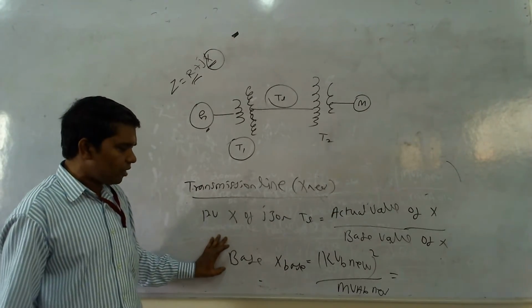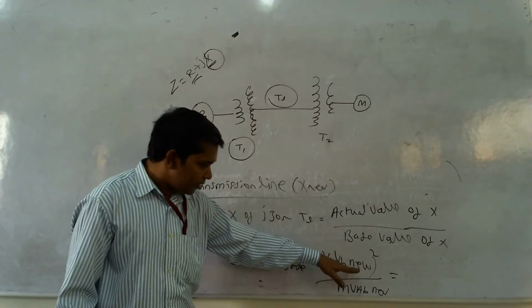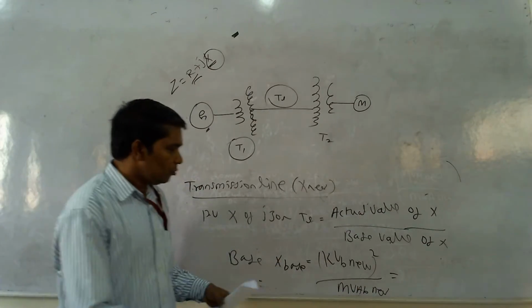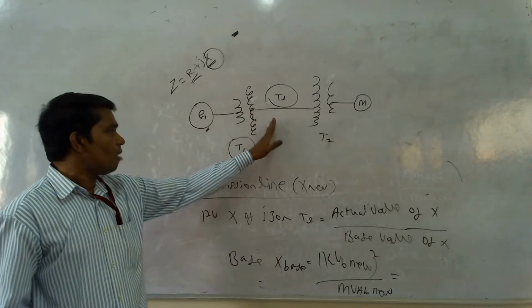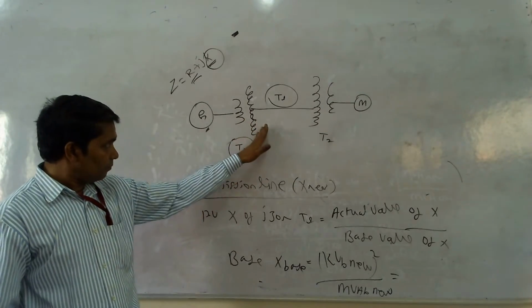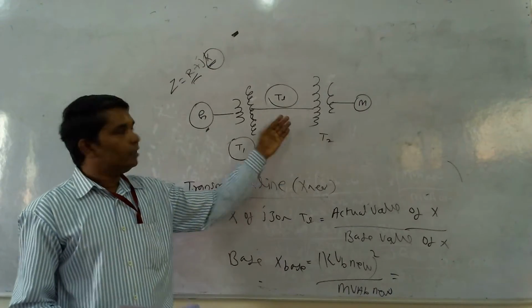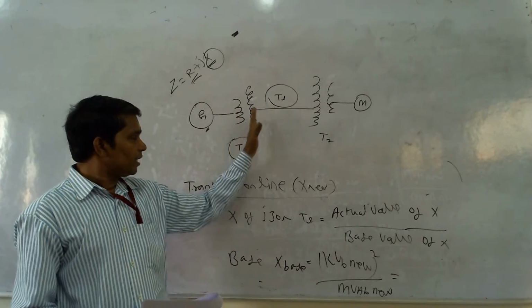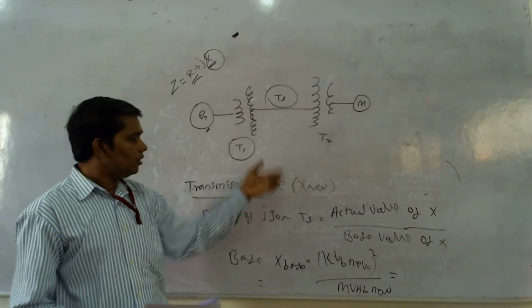For the base value calculation we need to use the ratio of kilovolt base new whole square by megavolt ampere base new value. So kilovolt base new is nothing but your transmission line, transformer 1 secondary or transformer 2 primary. Both can be taken because it is connected between the transformer 1 secondary side and transformer 2 primary side. So on both sides you have the 230 voltage.